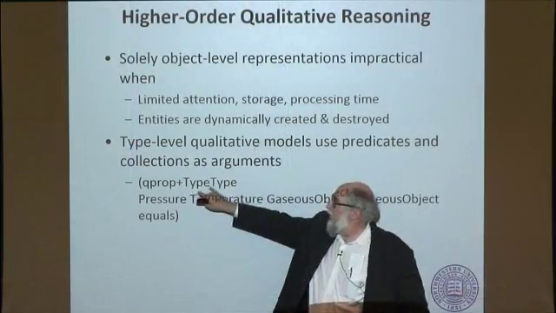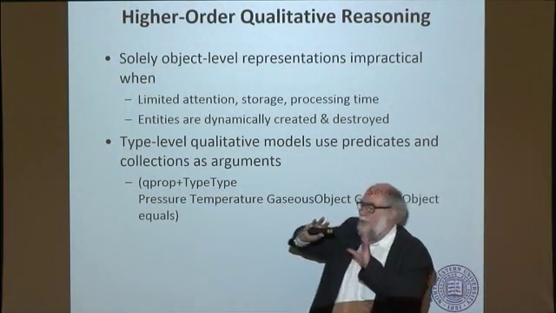So we've introduced a kind of type-level qualitative model that uses predicates and collections as arguments. So for instance, QProp normally says the first quantity is causally determined in part by the second quantity. The type level version says a quantity of this type and a quantity of this type applied to objects of these types with this relationship between them has a QProp between it.